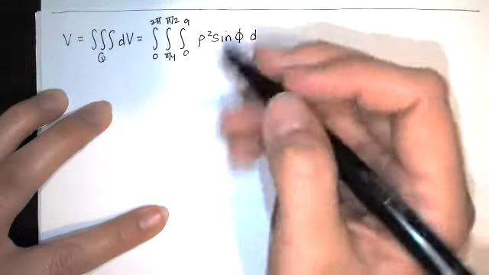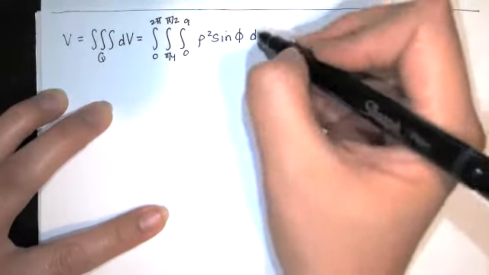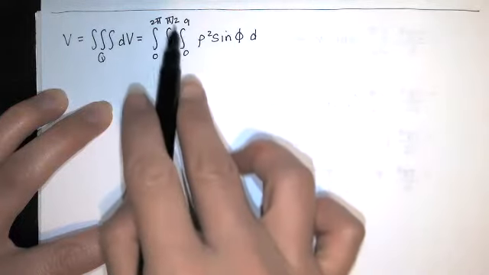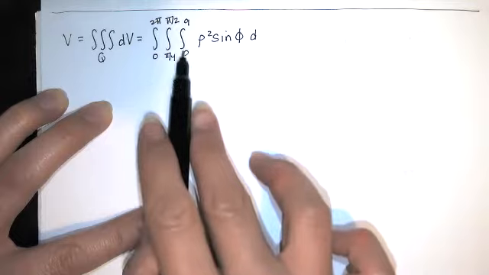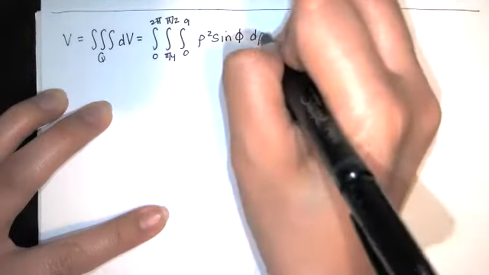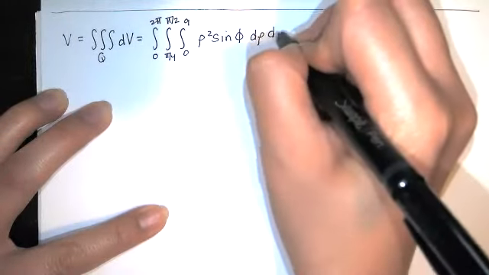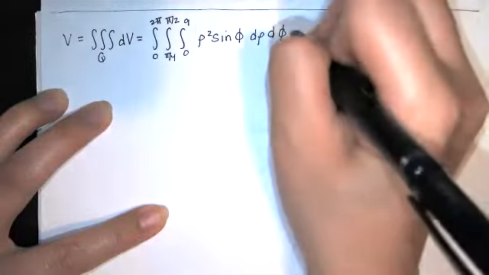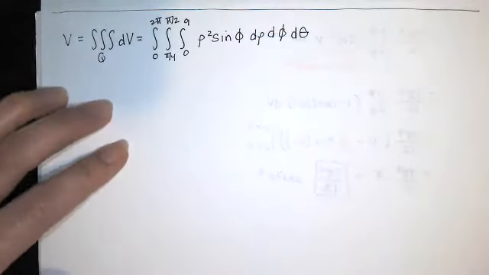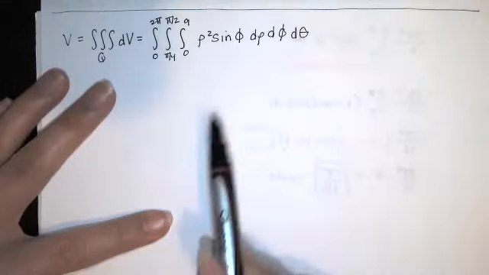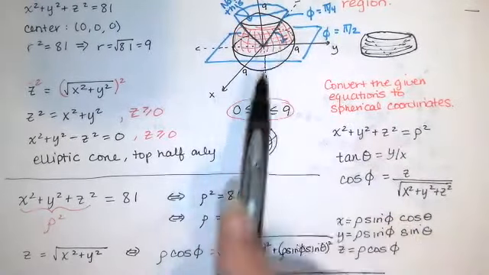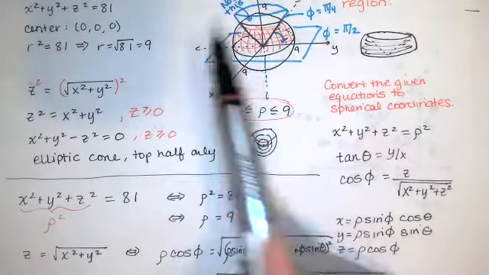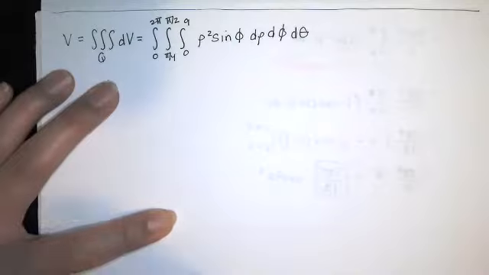You can change the order, multiplication is commutative, so that's fine. It just needs to match up with these bounds. Because of the way I wrote these bounds, I need rho first, and then phi, and then theta. And that's it. If we evaluate this integral, that's going to give us the volume in between that cone and inside the sphere and above the xy plane.